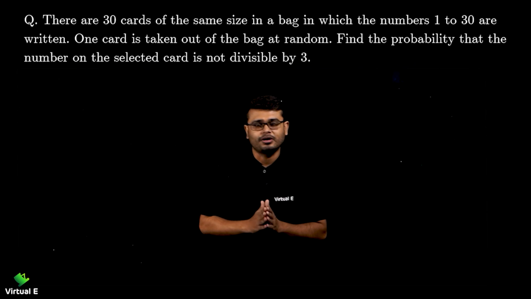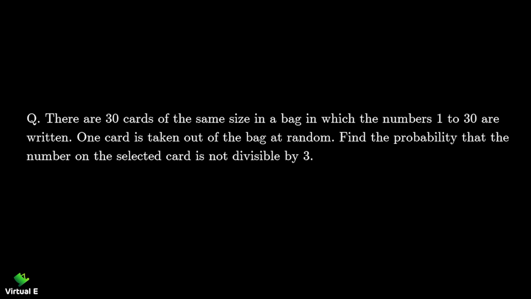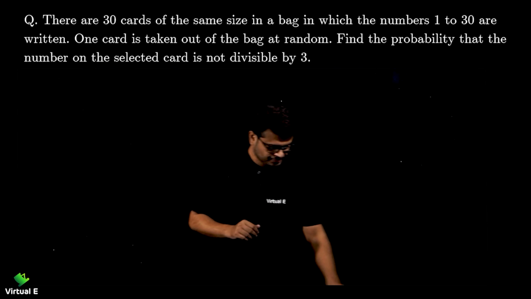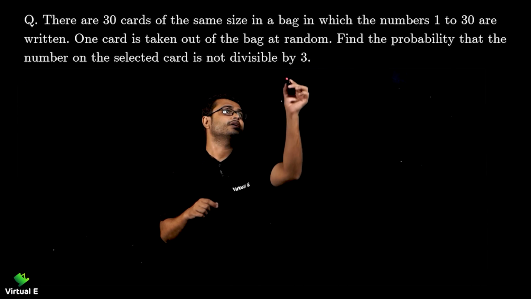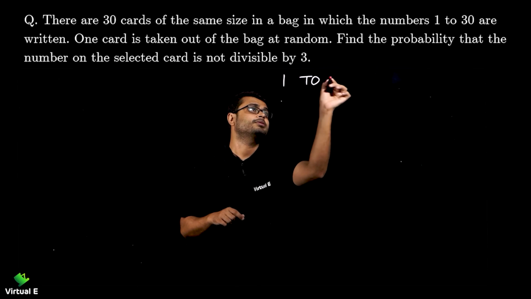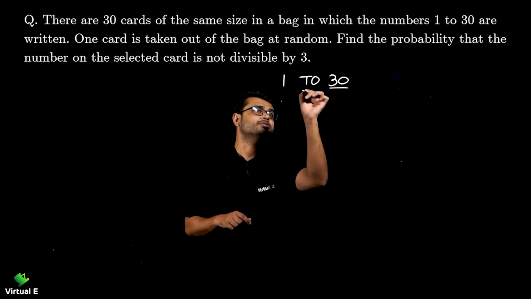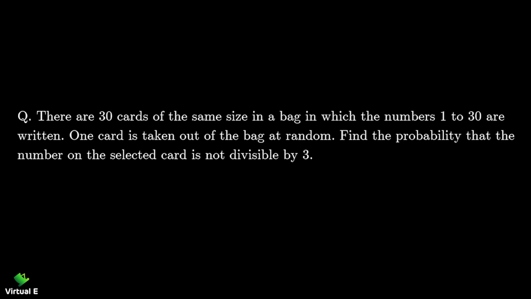Let's do something new now. Okay, let's read the question. There are 30 cards of the same size in a bag on which the numbers 1 to 30 are written. So let's start, 1 to 30 numbers we have. And one card is taken at random from the bag.